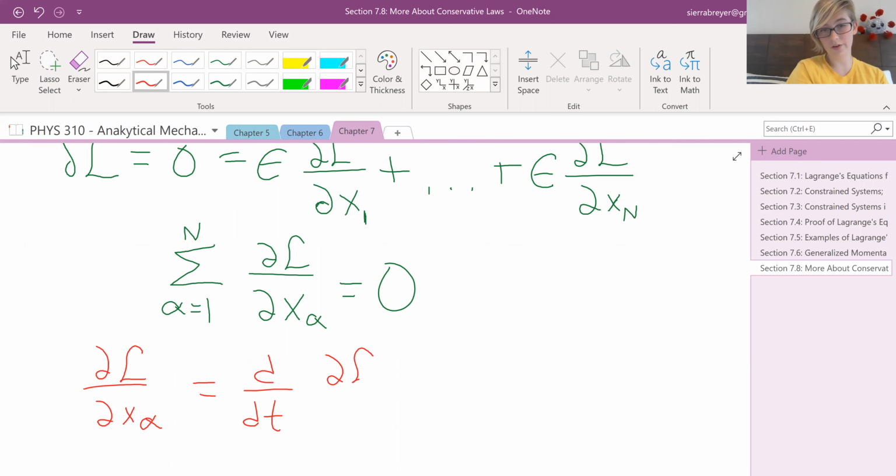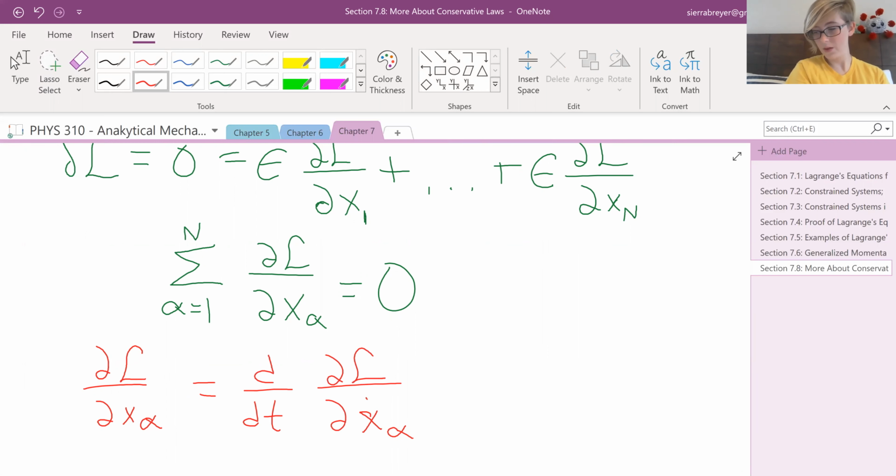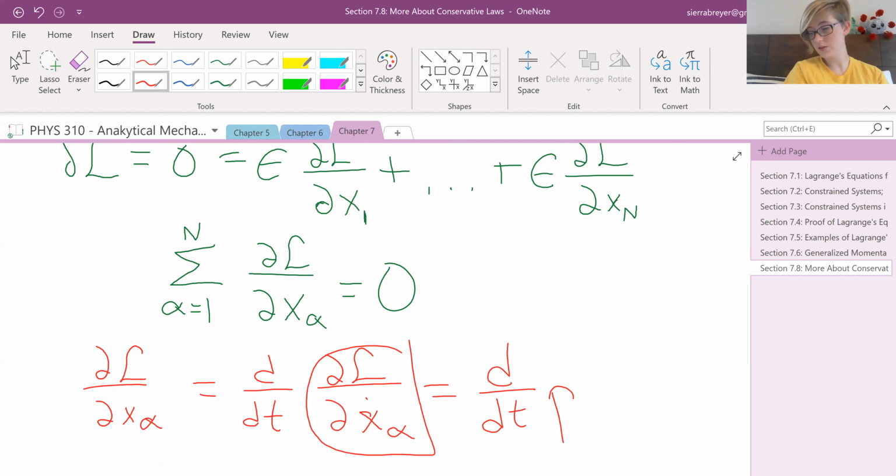That's just Euler-Lagrange, a cute thing to know. And when we do that, from section 7.6 we know that this term right here is just the momentum in that direction.